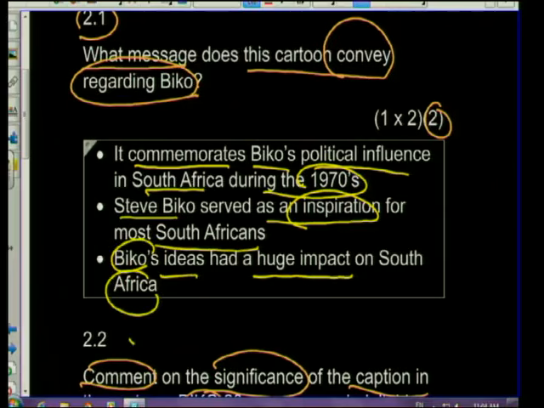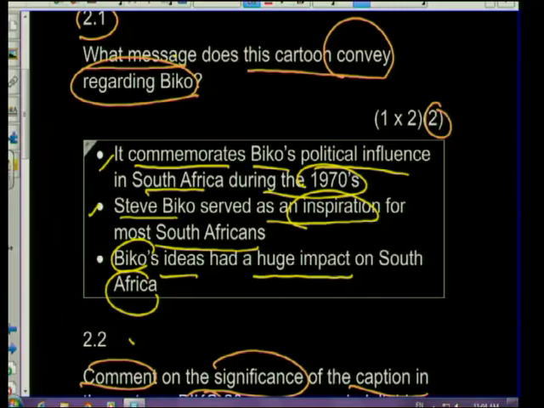That will explain the message of the cartoon. Very simply, any one of these 3 points given. Remember, it's only 1 point for 2 marks each.